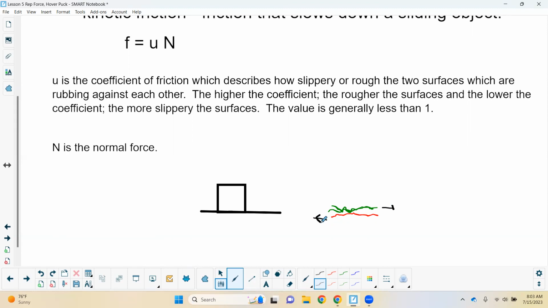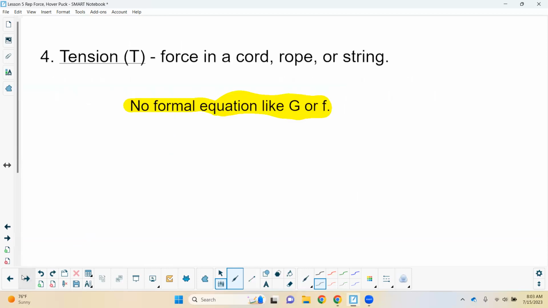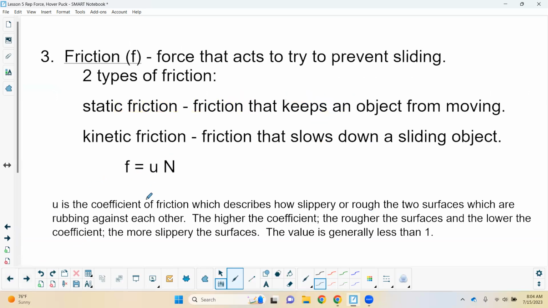But if you press your two surfaces together more, there is more friction there. There's more holding it in place because you've increased that normal force. So that's the normal force idea in a brief description. So you just use those formulas for those things.